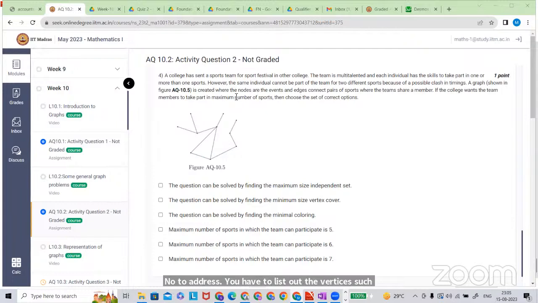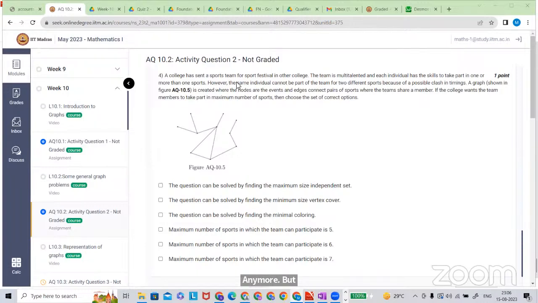And here we have to find the maximum number of sports, meaning the events. So how will we maximize that? Only the independent set concept maximizes that. Otherwise, minimum vertex cover and minimum coloring are there, but the rest are for minimizing, while the independent set is for the maximum.